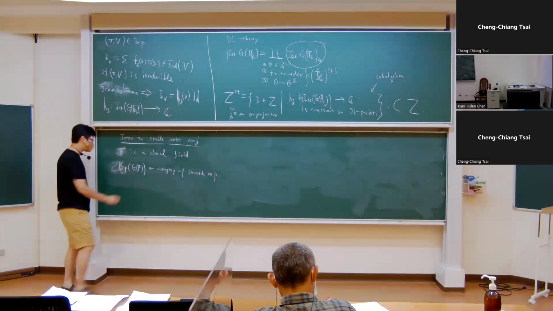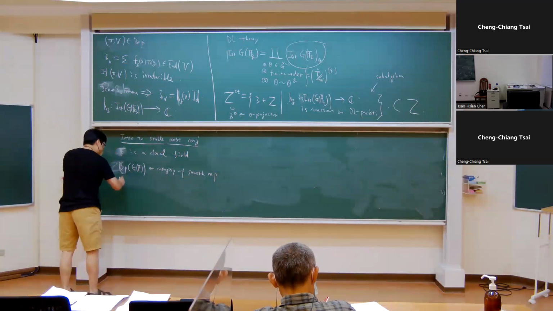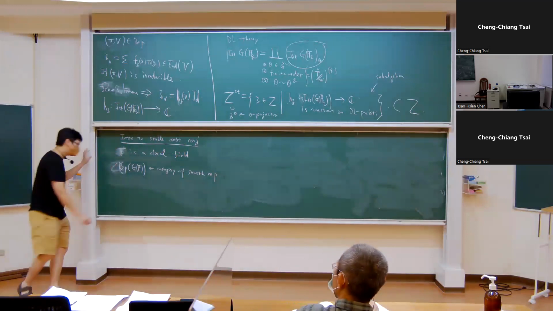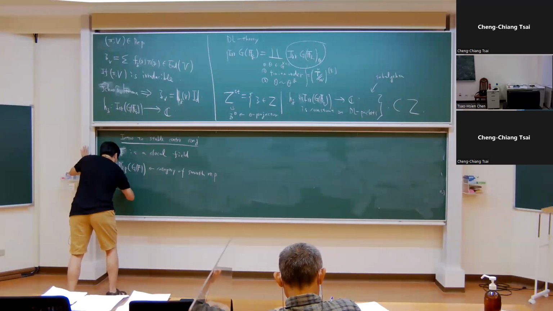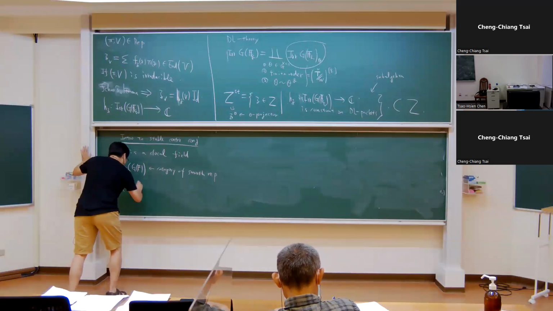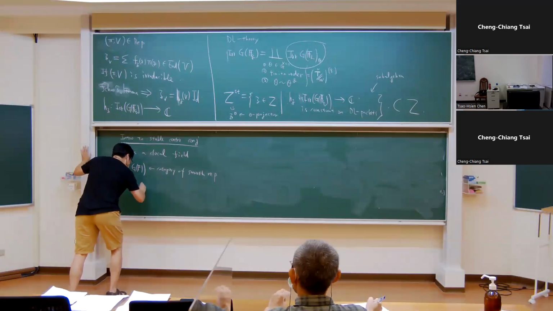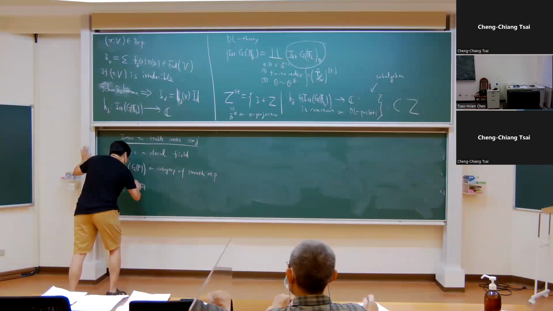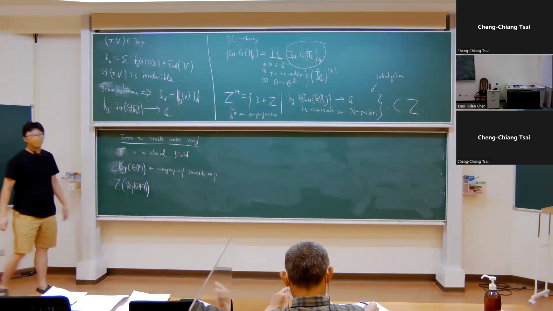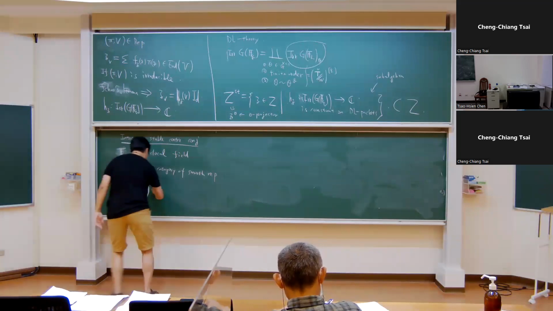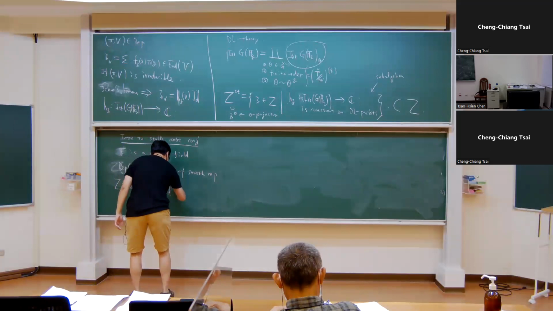And this is the thing we want to understand. And then clearly it's an abelian category, so you can talk about the center. Okay. So this is important. It's just the endomorphisms of the identity functor again.